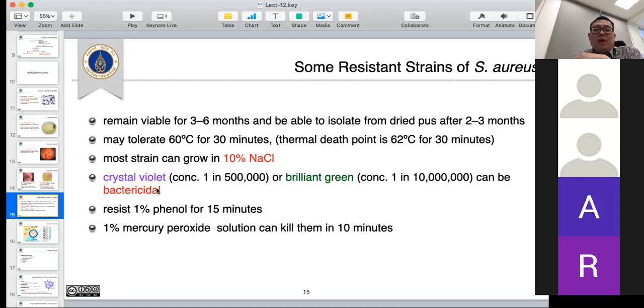Okay, tolerate crystal violet and brilliant green. Both of these are bactericidal that can kill bacteria, but they are okay if the concentration is less than 1 in 500,000. That's 2 ppm. They tolerate 1% phenol for 15 minutes, and it's quite a lot.